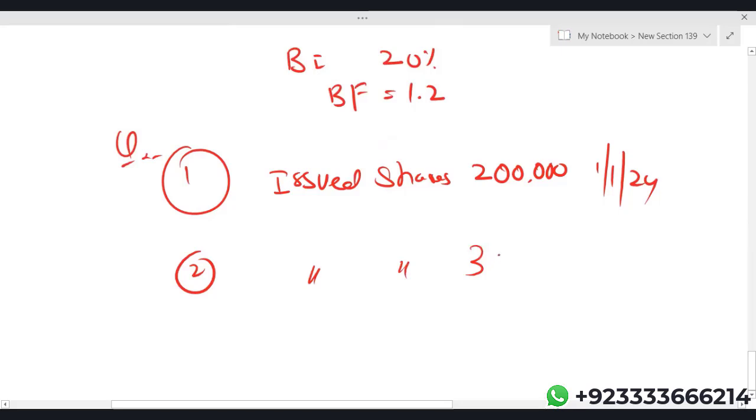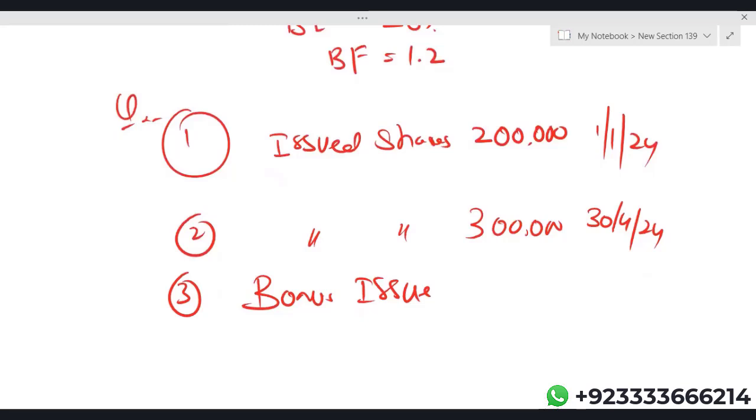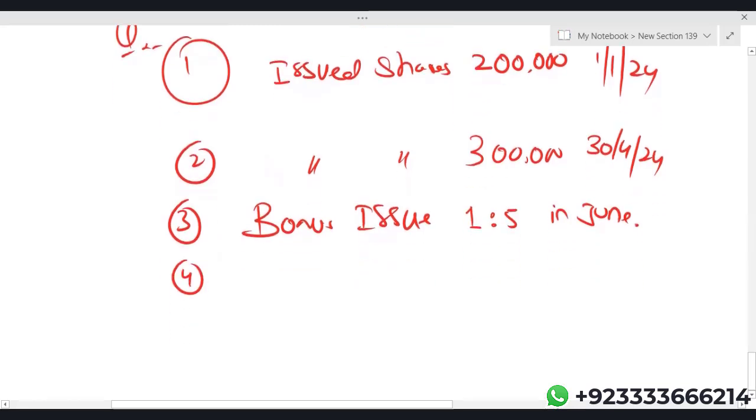Issued shares 300,000 on 30th April 24. Bonus issue is 1:5 on 30th June.